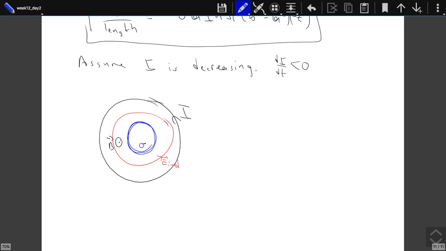So as we change I, something will be rotating. Could it be the charges in I themselves?